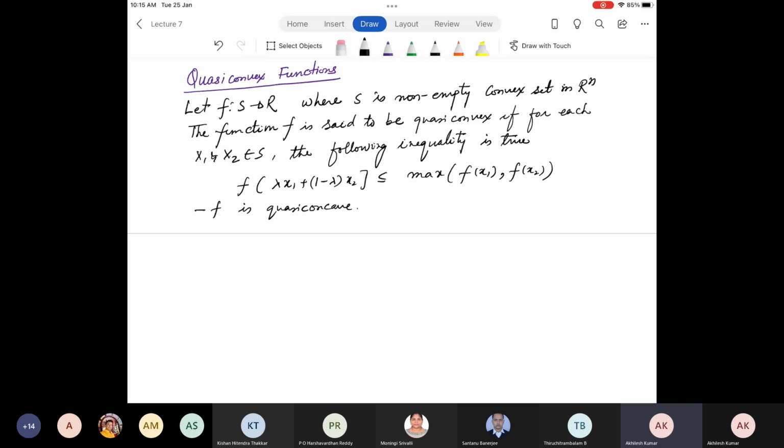See here we are not assuming anything about differentiability or an open convex set.